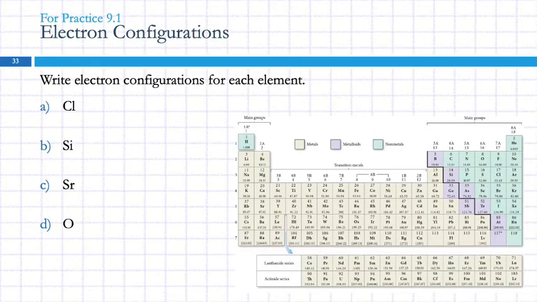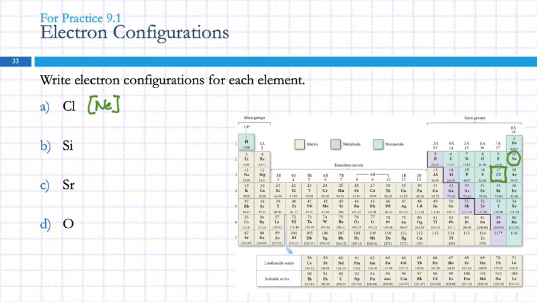So this is asking us to write electron configurations for each element. We'll do the noble gas shorthand. So for chlorine, find it on the periodic table. It's right here. And then for the noble gas shorthand, go up a row and to the end to find the noble gas, because that's going to represent all the core electrons, basically.